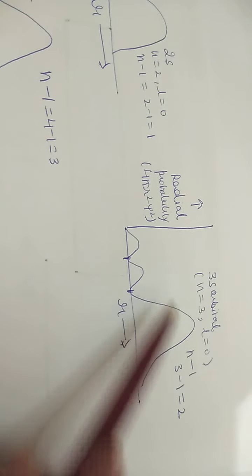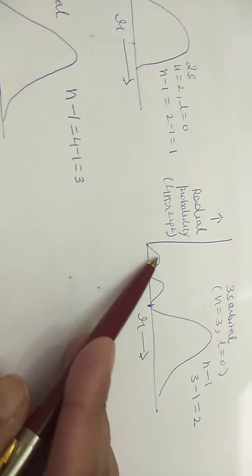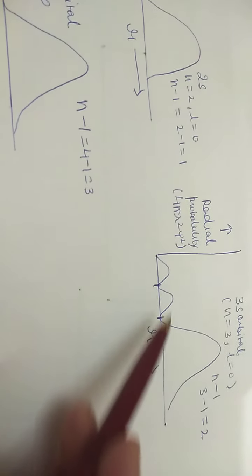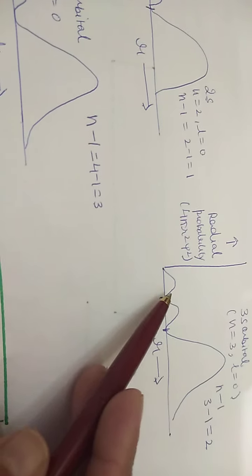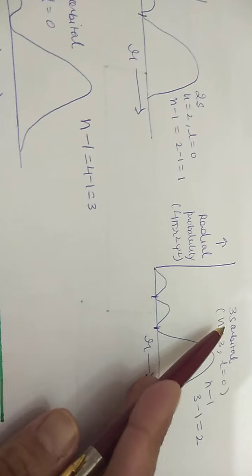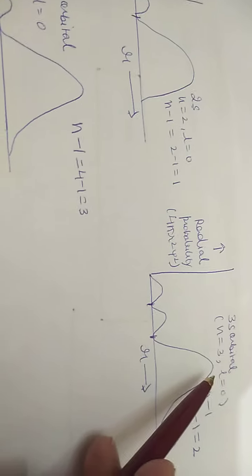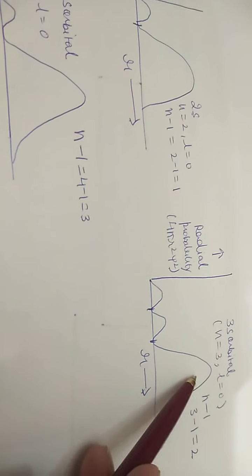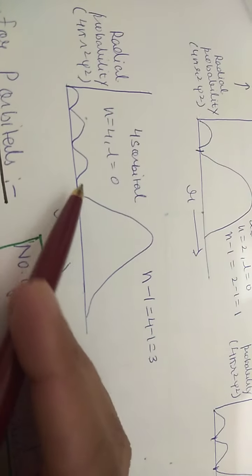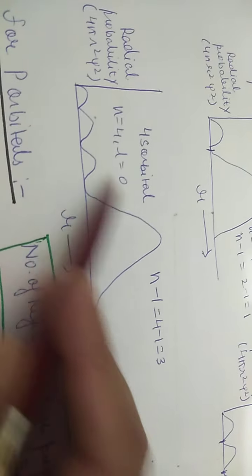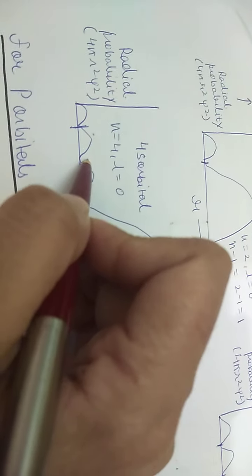We can see 3s: number of high probability regions 1, 2 and 3, and number of nodes n minus 1, which is 2. For an S orbital the number of high probability regions is equal to n, so 3 regions and 2 nodes. Then for 4s, high probability regions 1, 2, 3, 4, and there are 3 nodes.